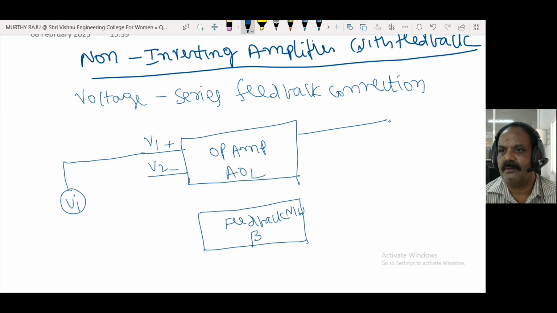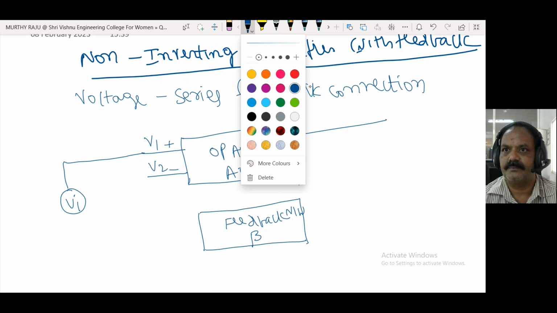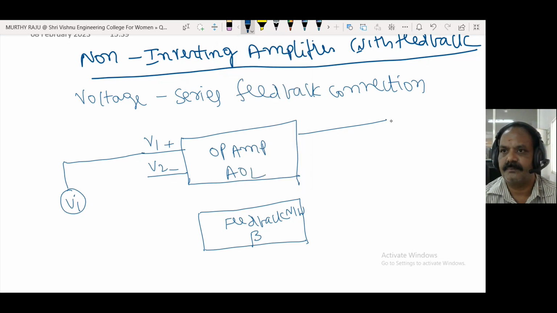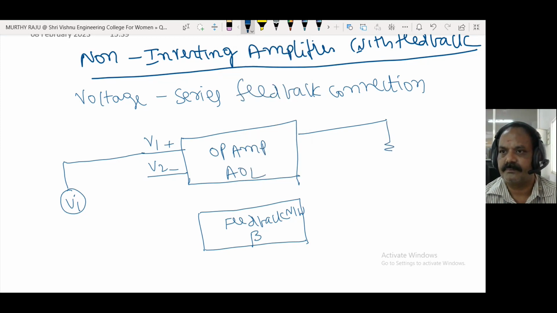This one is the output. A load resistance RL is connected here. Here we use voltage sampling.